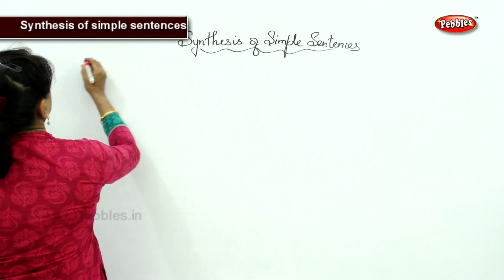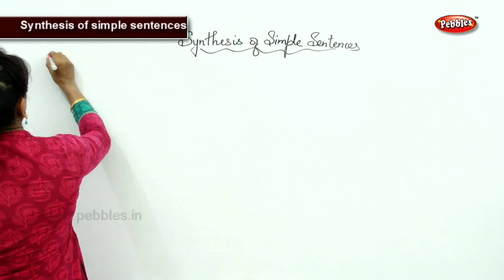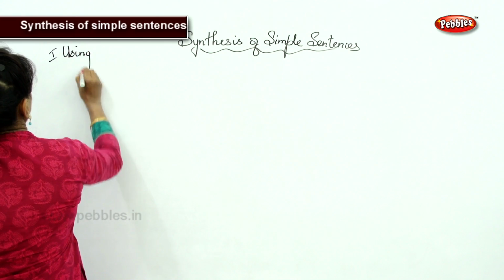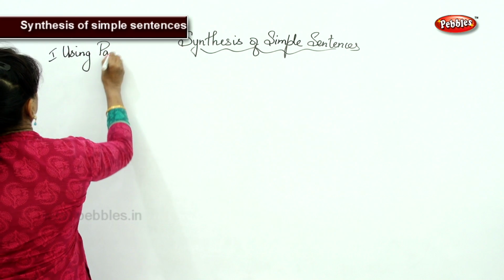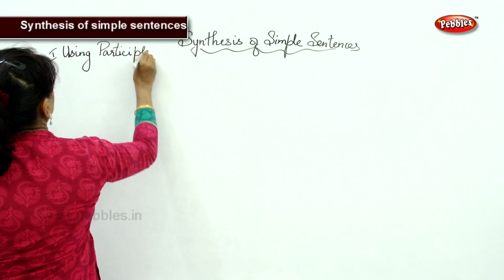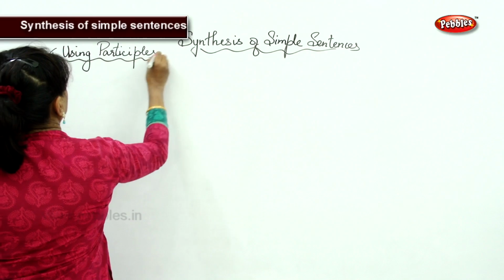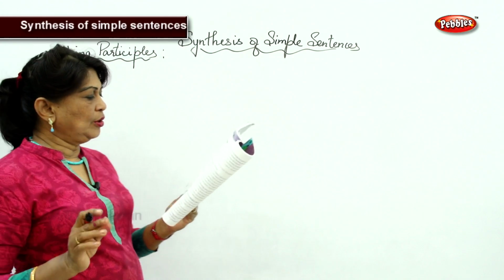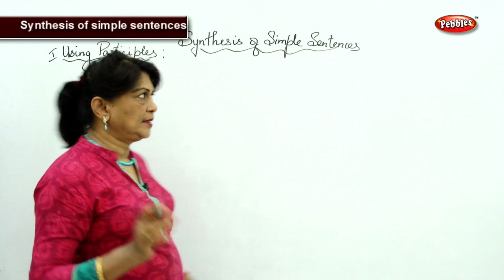Using participles. First method, using participles. Okay, he closed the door, he went out.